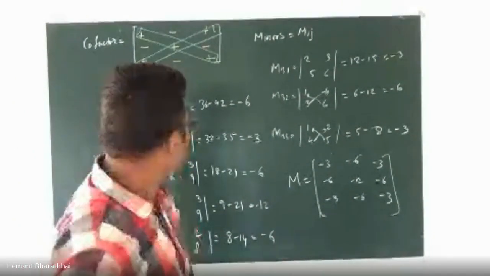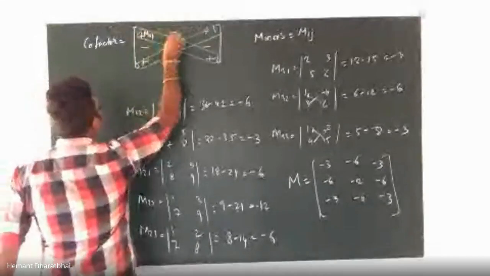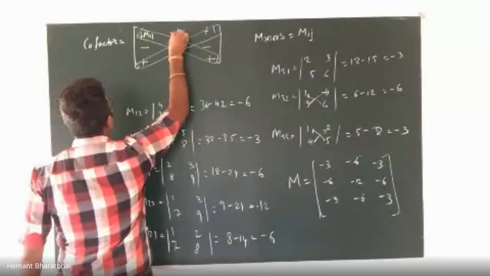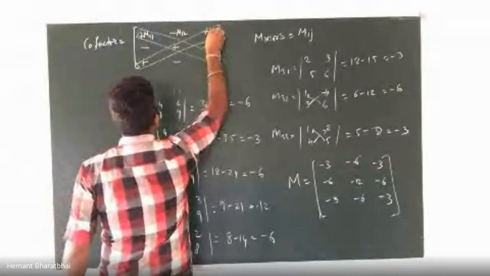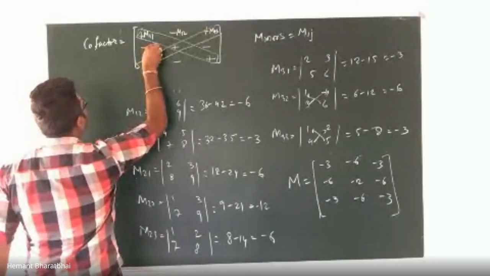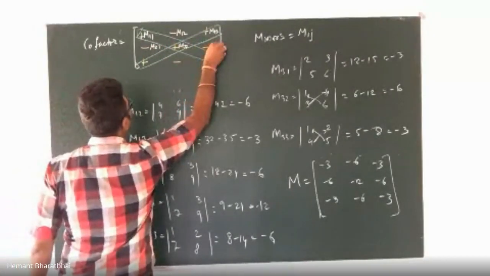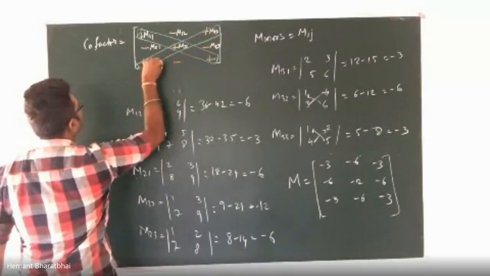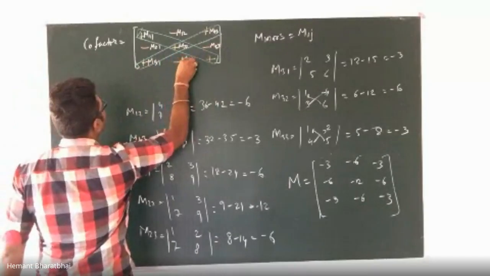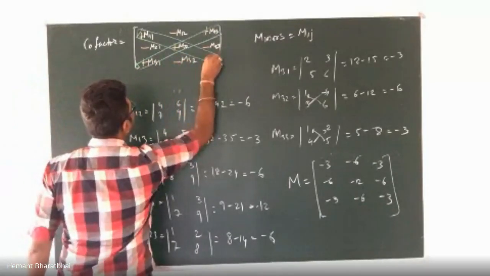Now, here this will be my M11, here M12, this will be M13, M21, M22, M23, M31, M32, this will be M33.